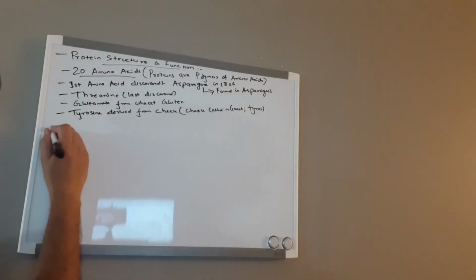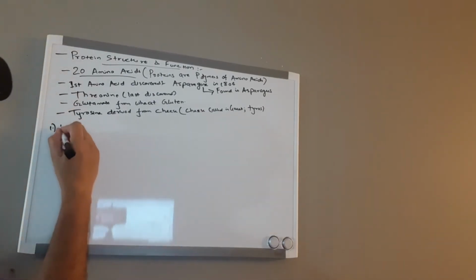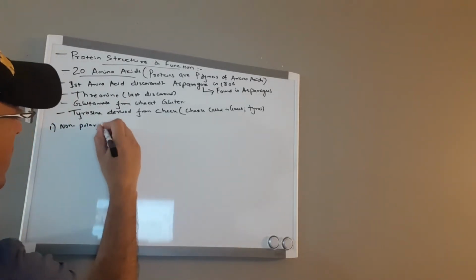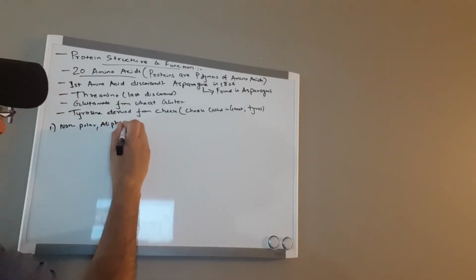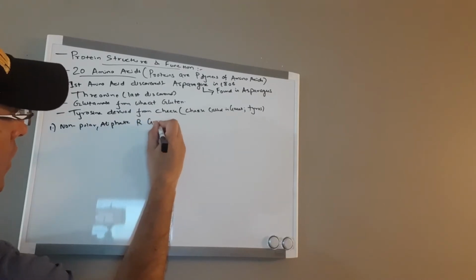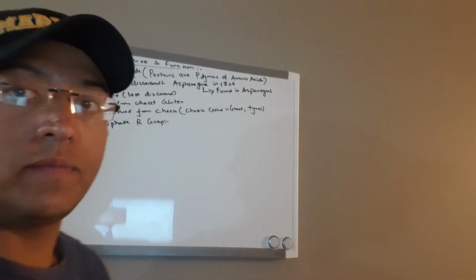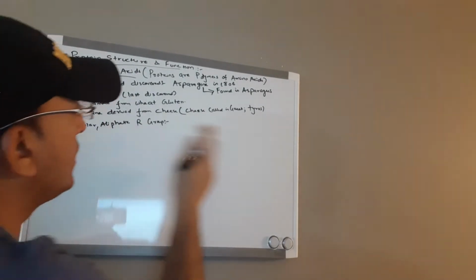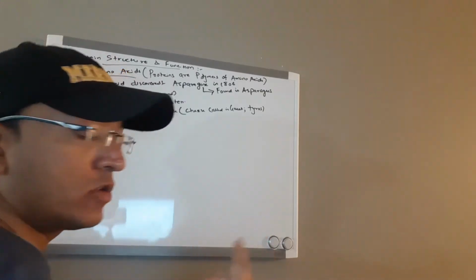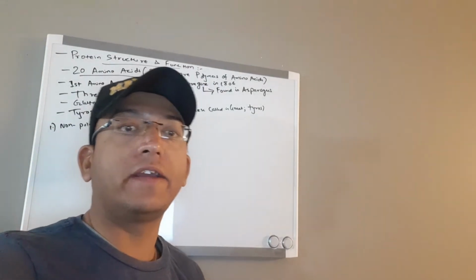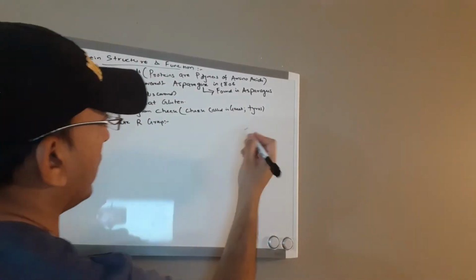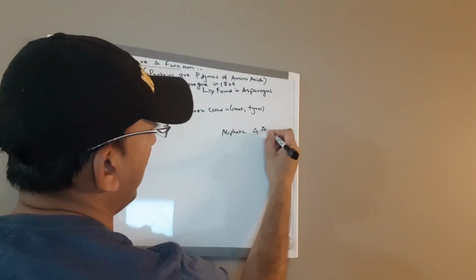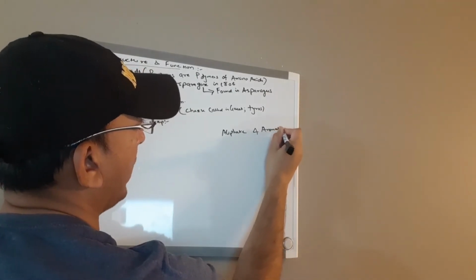The first class of amino acids is non-polar and aliphatic R groups. Before going further, if you don't know what aliphatic means, there are two kinds of organic compounds, aliphatic and aromatic.